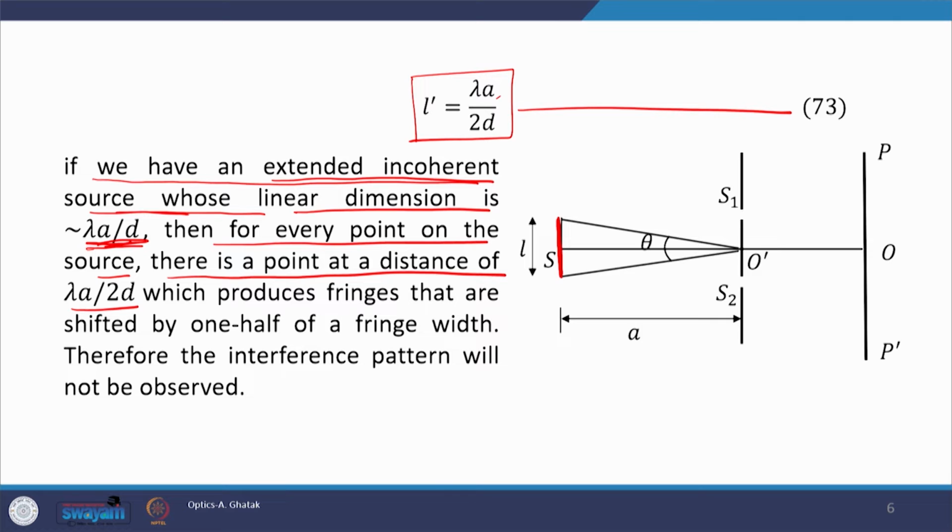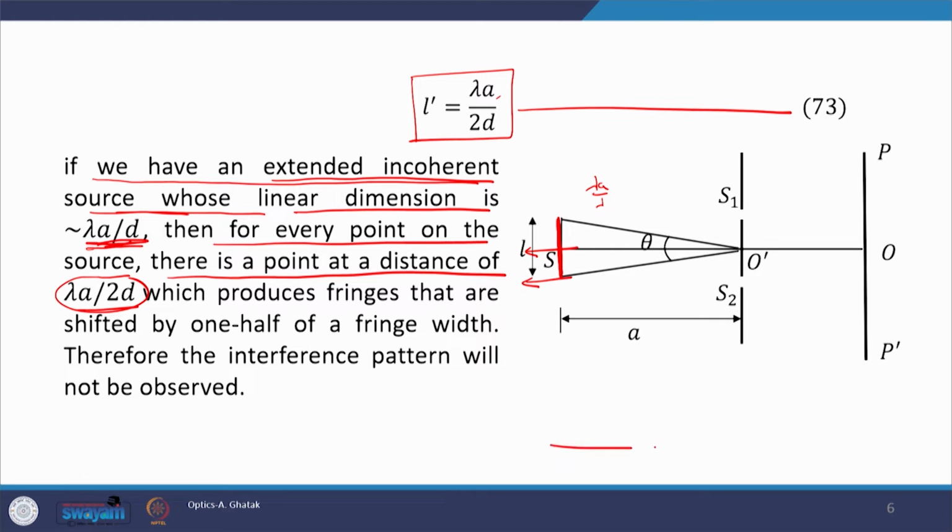In the last class, we took a source with a particular bandwidth, and we took two wavelengths out of this bandwidth, one at one of the extremities and one at the center. The same thing we are doing here. Here the source width is lambda A by d, and we took one point here and another point at the center. These points will be at a distance lambda A by 2d.